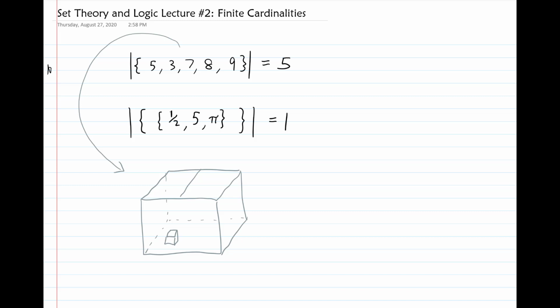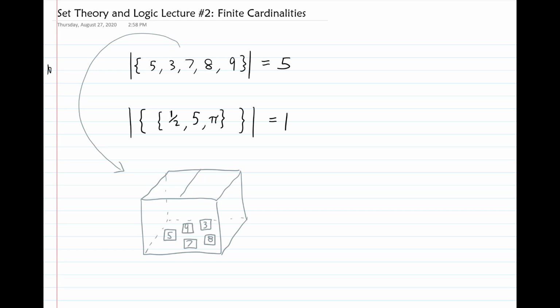One of them's got the number 5 on it. Here, to save time, I'm just going to draw a square, okay? That's a little block with a 5 on it. And there's a block in there with a 3 on it. And there's a 7 and an 8 and a 9.